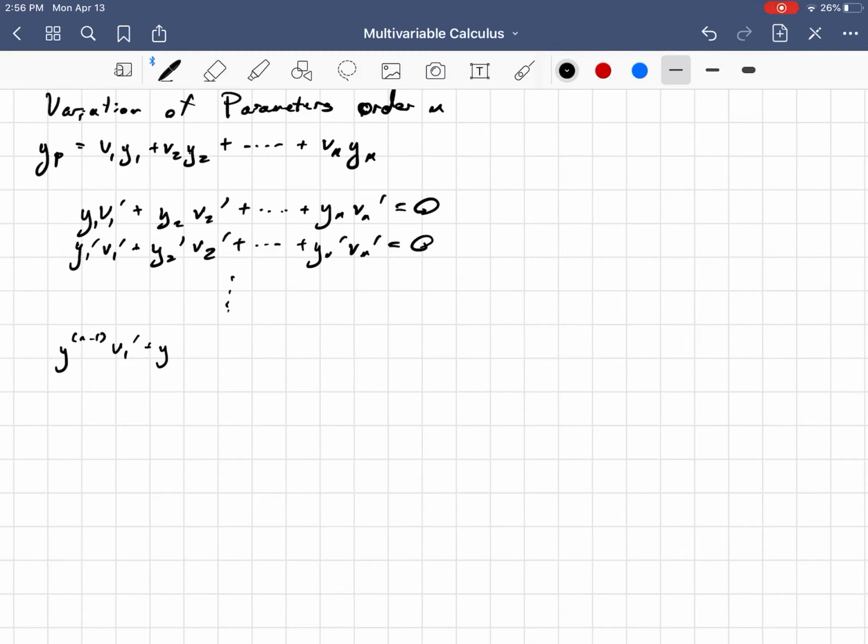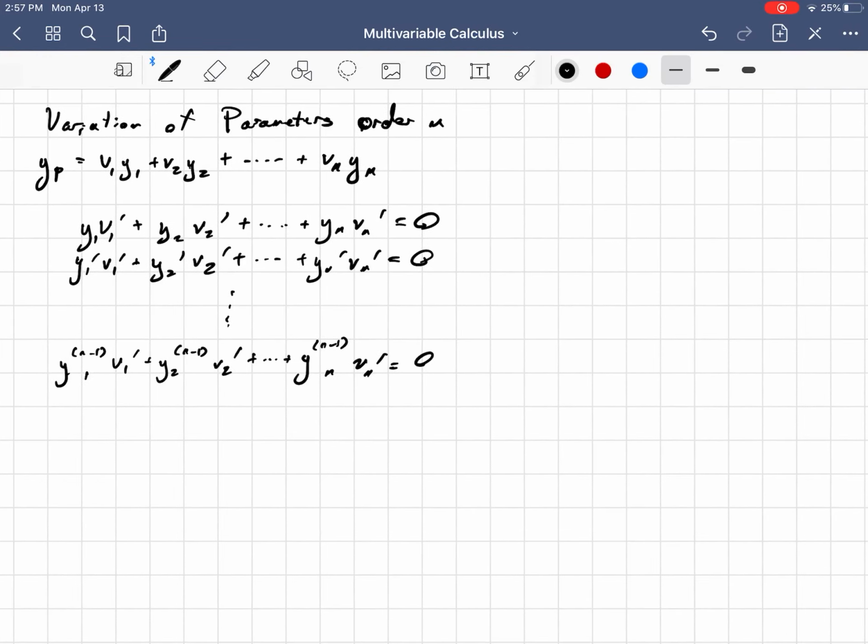And we go down and down, and there's n minus 1 of these, and we go up to the n minus 1th derivative of y sub 1 times v sub 1 prime plus the n minus 1th derivative of y sub 2 times v sub 2 prime, plus dot dot dot, plus the n minus 1th derivative of y sub n times v sub n prime. And we want that to all be 0.